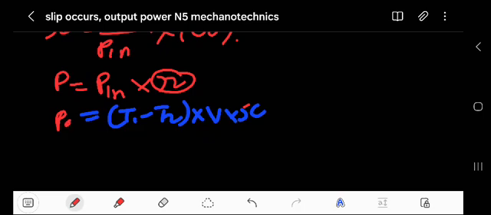We're supposed to have T1, T2, velocity, and the efficiency is the one that we are given.